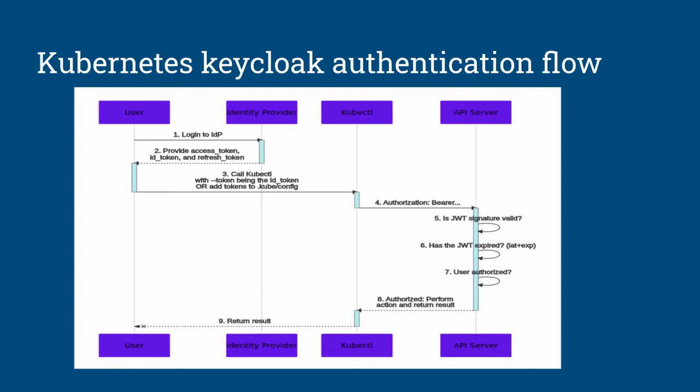This token is passed as a part of the header, that is the authorization bearer header. Once the API server gets the request with that authorization bearer holding the ID token, the request is again validated with the identity provider to make sure the JWT token is valid, and then it provides access to the resources. So this is basically how the flow of the request happens when we are using Keycloak as an OpenID identity provider as a part of the Kubernetes cluster authentication system.